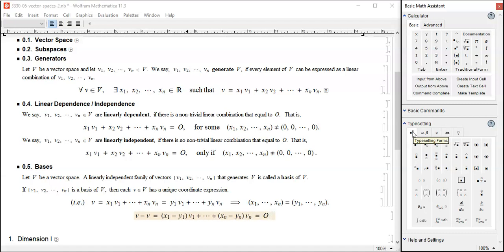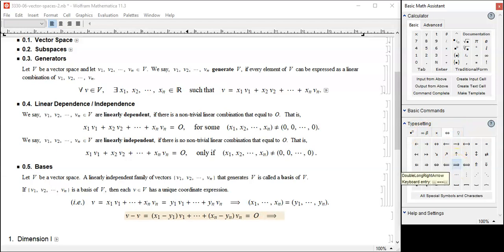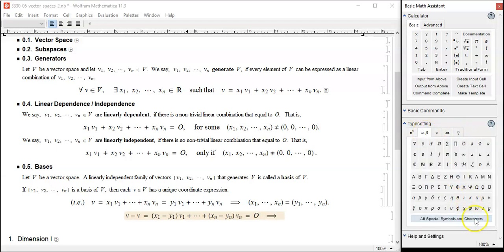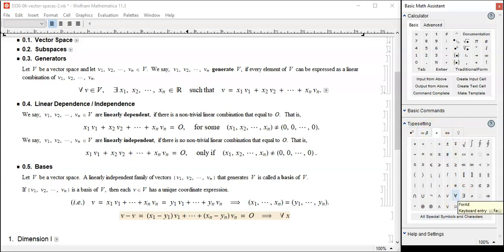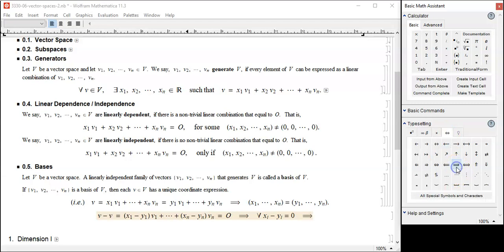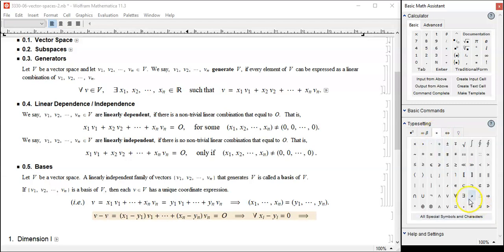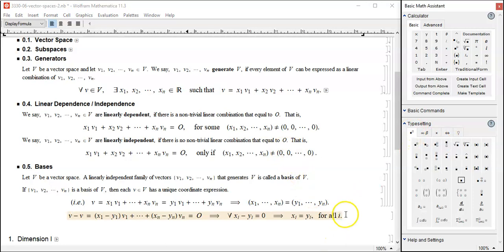Therefore all xi minus yi is equal to 0. What does that mean? All xi is equal to yi. Actually, it's a one-liner proof.